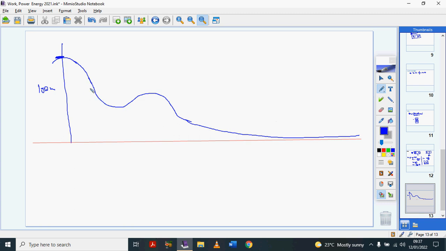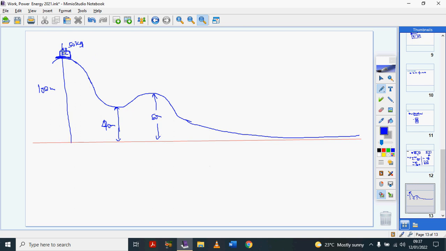And you have a cart, the thing in which you and your friends are sitting. Let's say it has a mass of 50 kilograms. This height over here is, let's say, 40 meters, and this height over here is 50 meters.